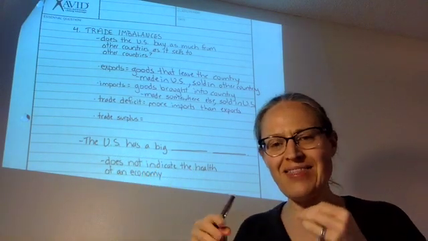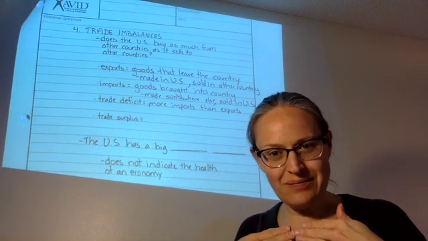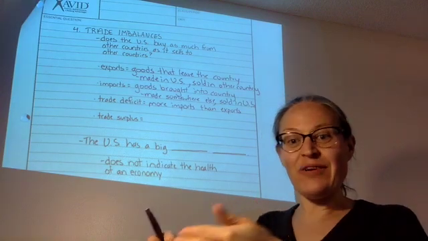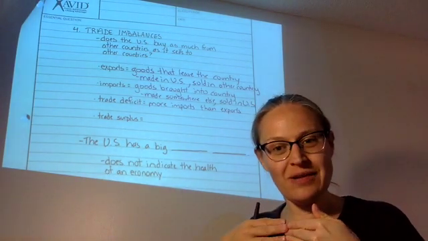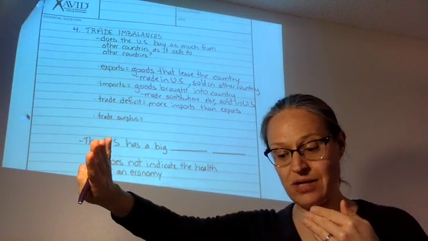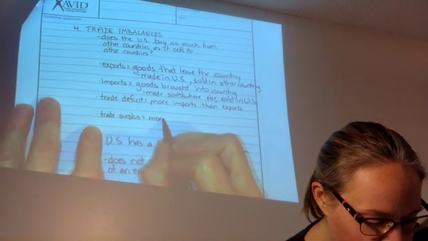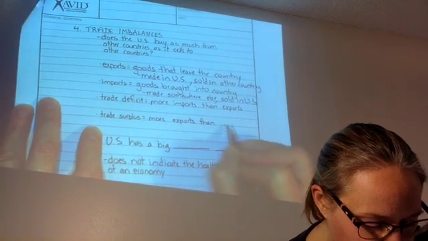So that means that a lot of stuff is coming into the country. A lot of those imports are coming in the country. And then a lot of money is leaving the country. Trade surplus, that means more exports than imports.